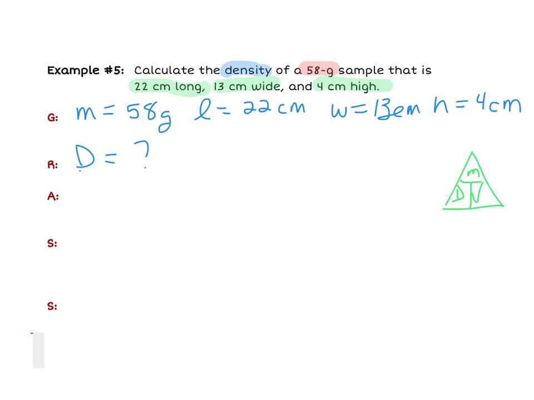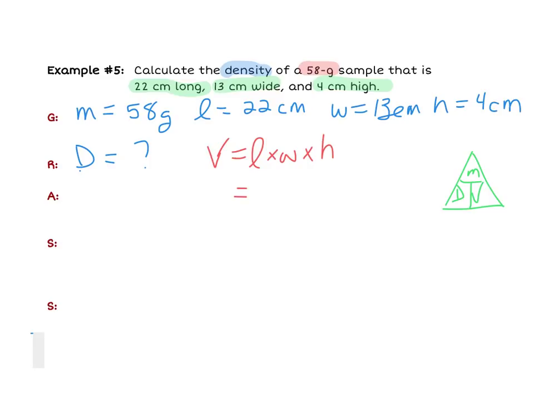I'm going to hope that you remember from grade 4 or 5, something like that, that volume can be calculated if you know the length times the width times the height. So that's a little sidebar project that we're going to need to do here. I'm going to do that in red so it's a little more evident.